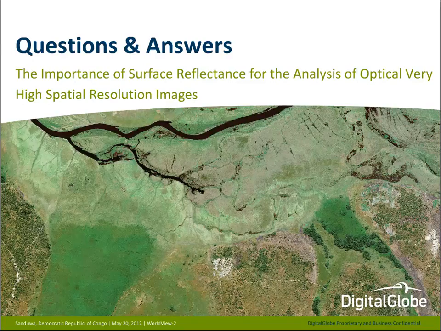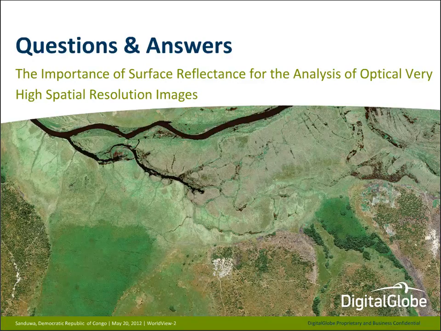Another question from a listener is they're asking, what does a surface reflectance product delivery look like? So the surface reflectance product will look very similar to the current product.